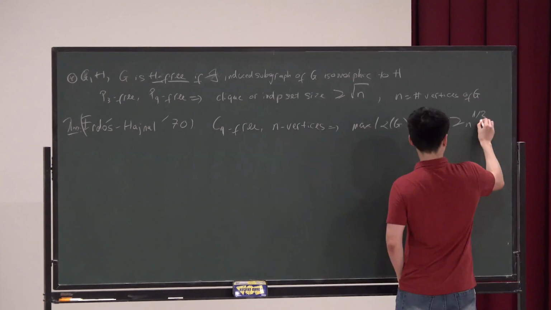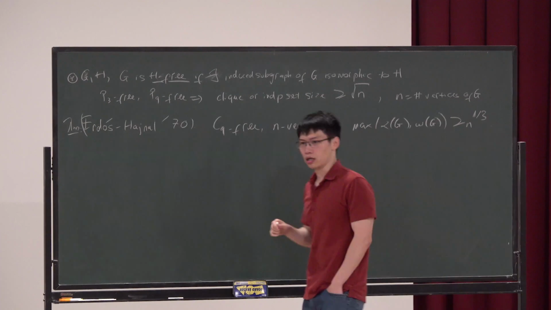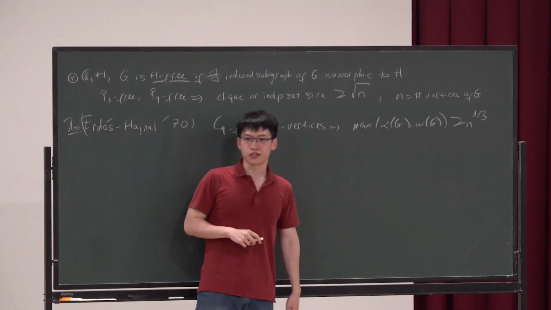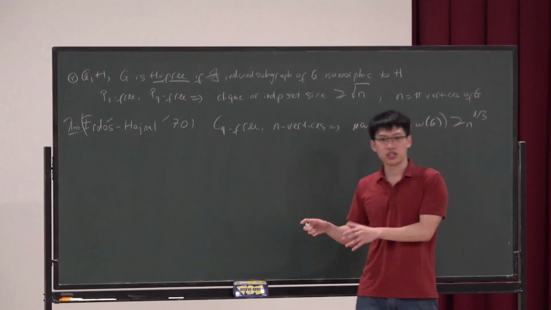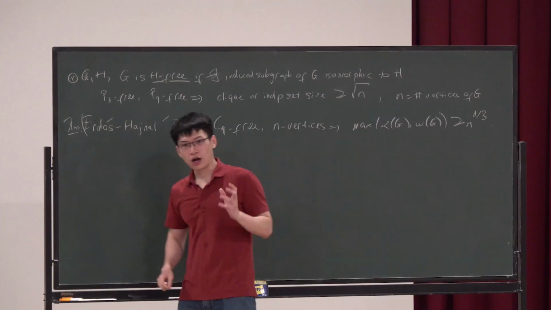And if you want to try, this will also be a nice exercise. My hint here is just to take a largest independent set in the graph and see how the independent set interacts with the rest of the graph.